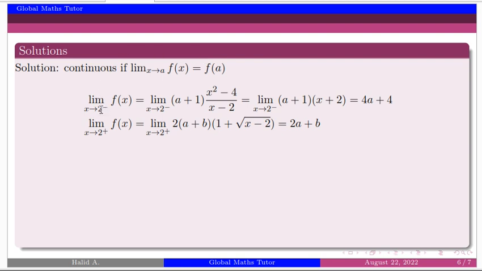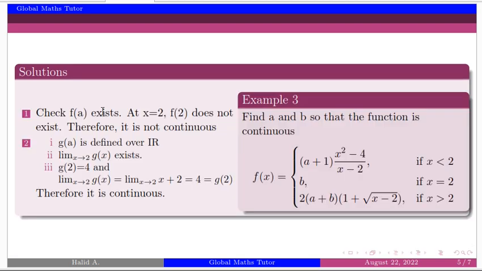Since it is piecewise at 2, let's check if it is continuous or not at the point x equal to 2. So the limit of f of x as x approaches 2 from the negative side is a function defined by these functions.